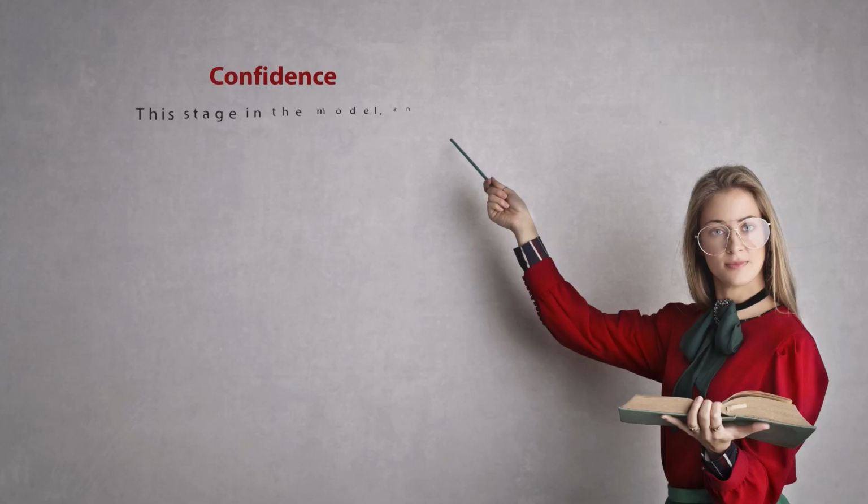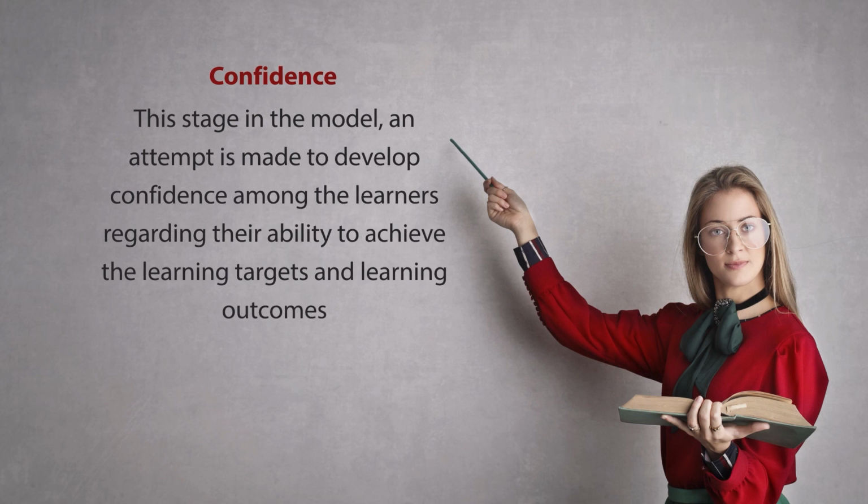The third is confidence. In this stage of the model, an attempt is made to develop confidence among the learners regarding their ability to achieve the learning targets. See how different this model has been developed. None of the other models have this confidence part, and that's what the ARCS model is based on, the motivation of the students.